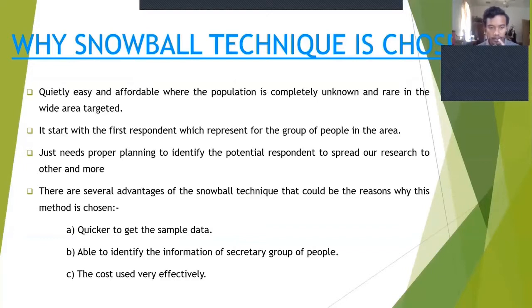Thirdly, the cost is very effective because the referral can be obtained from the primary data source. It is very easy and not expensive to get the questionnaire for the research compared to other methods of non-probability sampling technique.